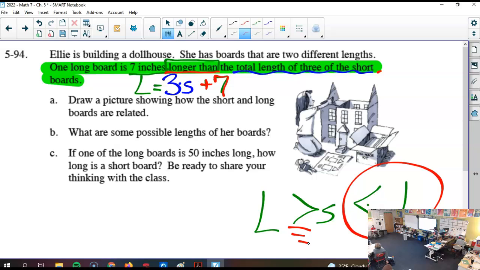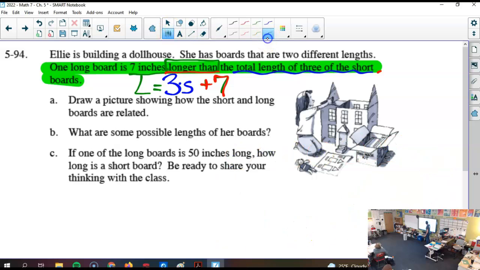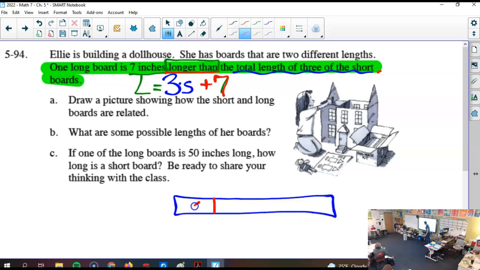So then we could draw a picture, right? And that would help us make sense of it. Because now I could actually do this in here. S plus 7. Like that picture could work. I'm expecting you to have a picture on your paper.